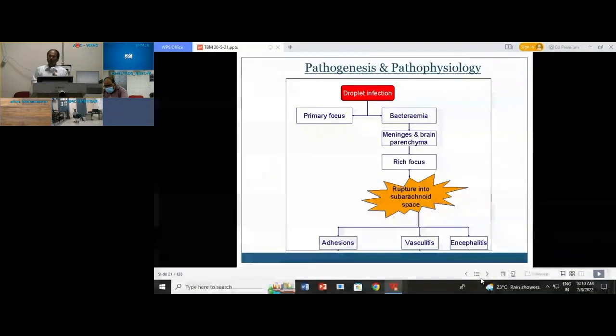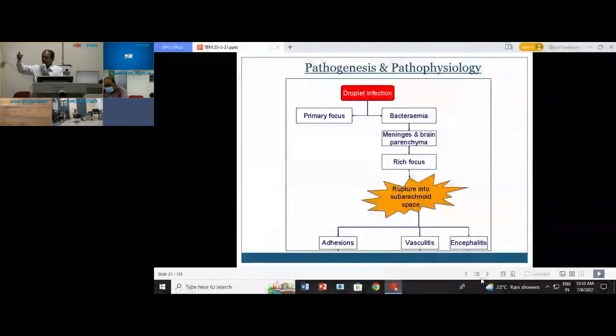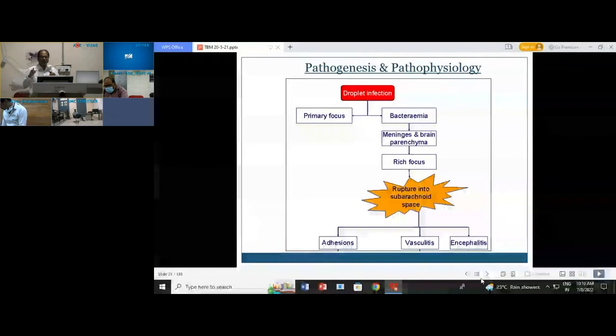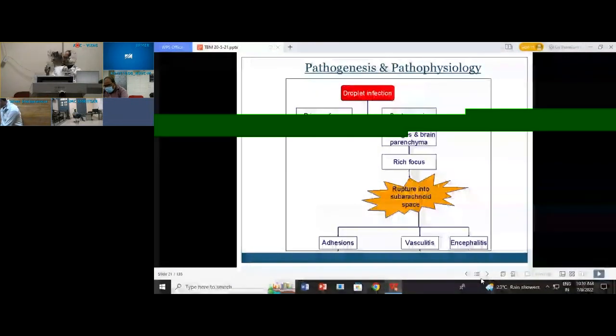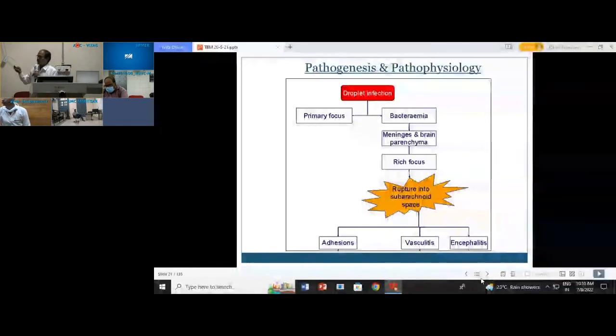When immunity is deficient, the Rich focus, which is the subpial focus, ruptures into the subarachnoid space, giving rise to adhesions, vasculitis and encephalitis. Adhesions at various levels, especially the base of the brain, cause entrapment of the cranial nerves, presenting as sixth nerve, seventh nerve, third nerve, fourth nerve and fifth nerve palsies, all features of basal meningitis, vasculitis and encephalitis. This is the basic pathophysiology of tuberculous meningitis.